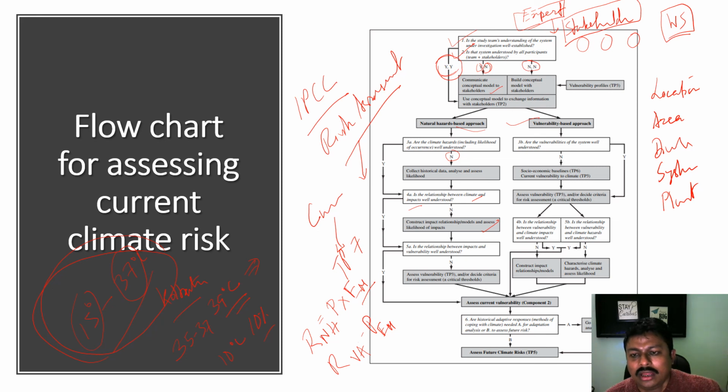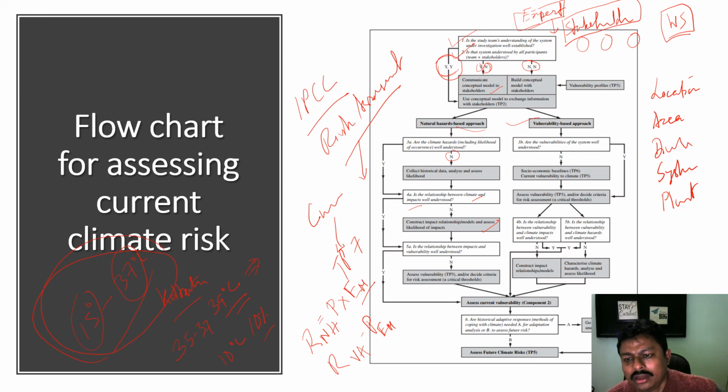In the case of the vulnerability based approach, it is the same thing: whether the vulnerabilities are understood or not. If not, then you analyze with the help of baselines, that is the data, assess vulnerabilities, and decide the criteria. Then again, is the relationship between vulnerability and climate hazard well understood? If no, then you have to construct an impact analysis model.